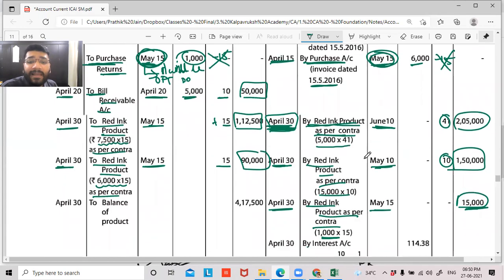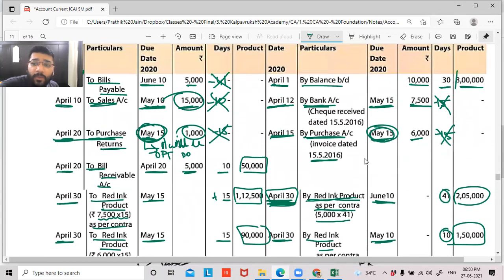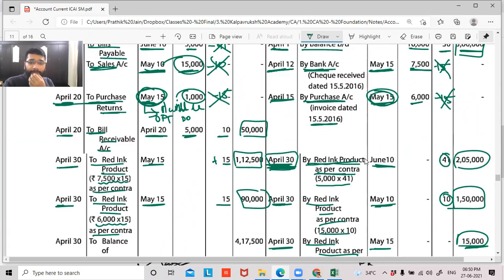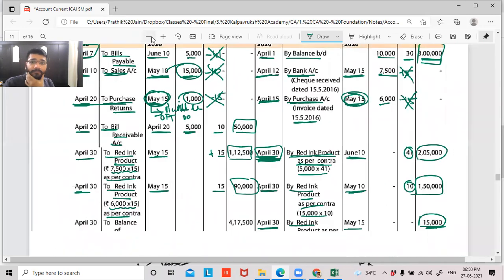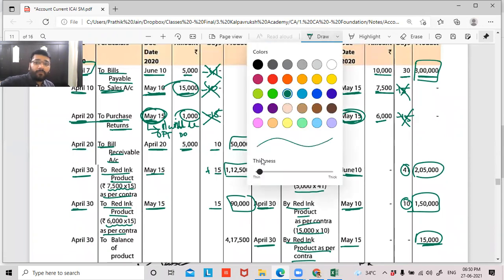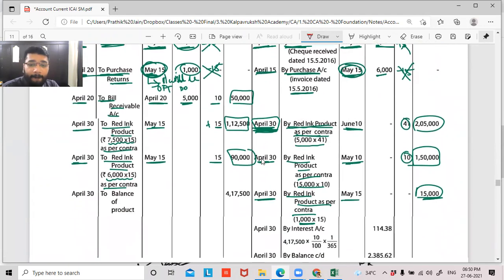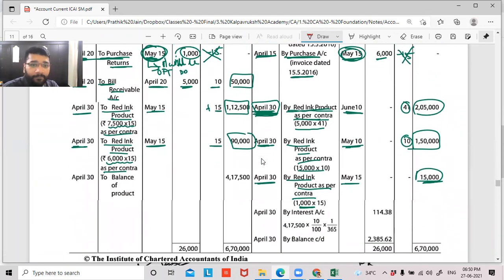Now, guys, please go ahead and balance the product and tell me what balance of the product you're getting. Are you getting 4,17,500 as the balance of product?